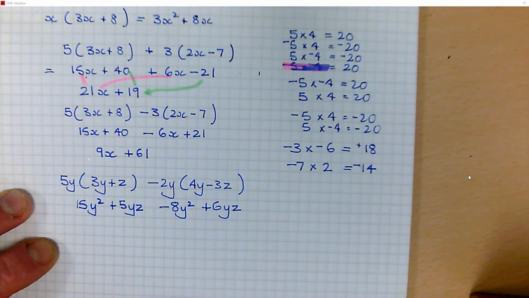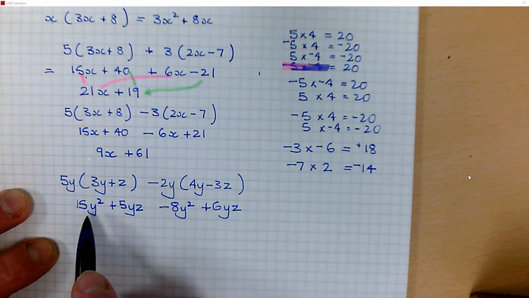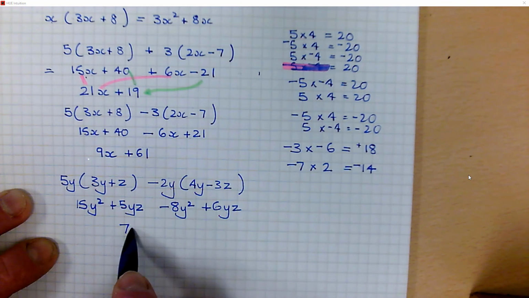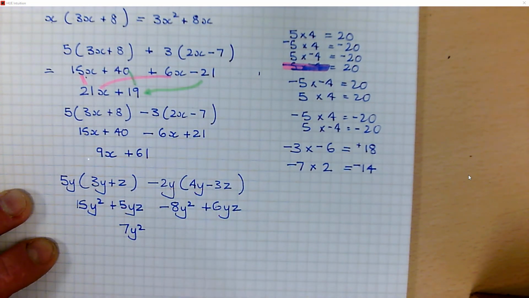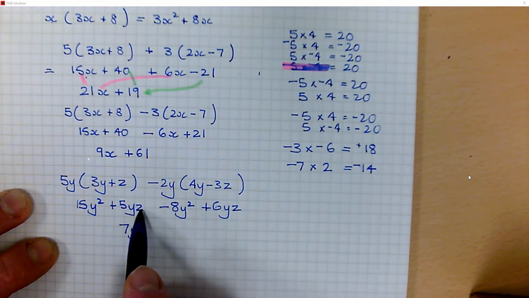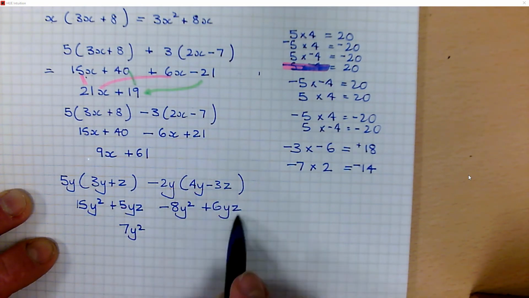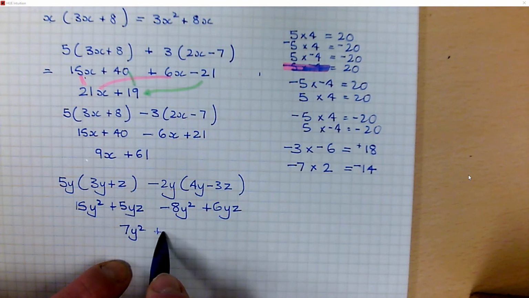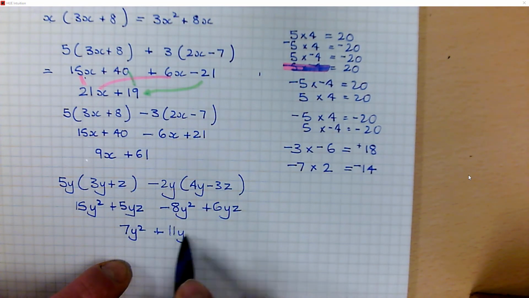And now we're going to put together the things that can go together. 15y squared minus 8y squared is 7y squared. Plus 5yz plus another 6yz, they can go together, and that makes plus 11yz.